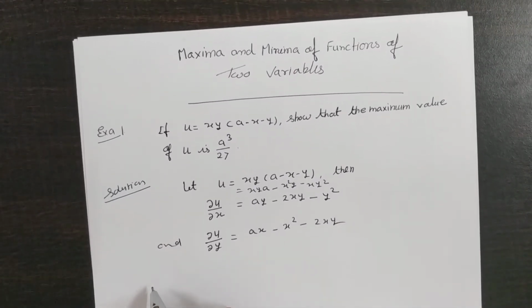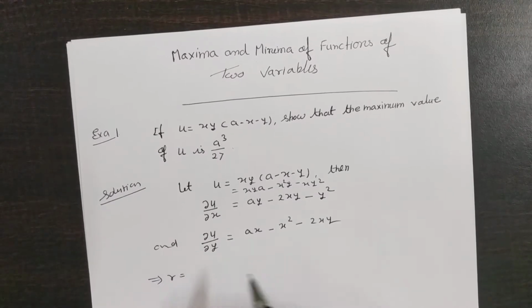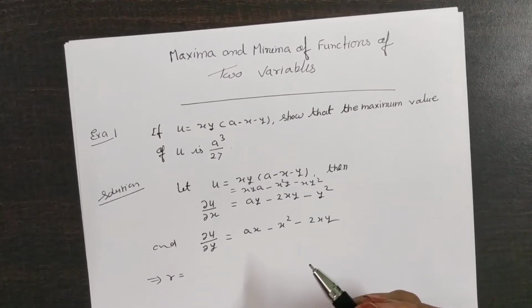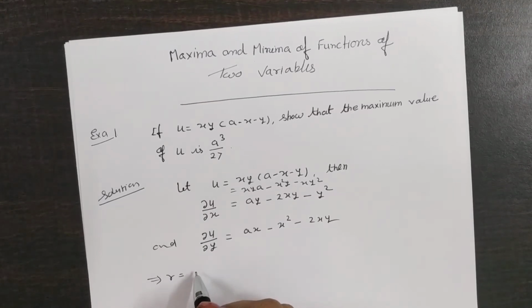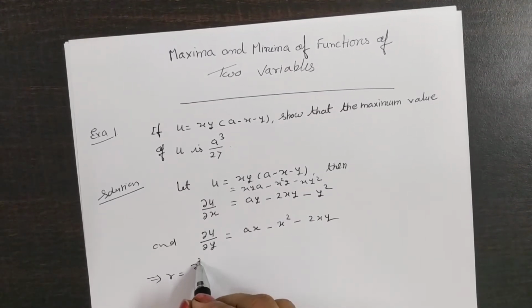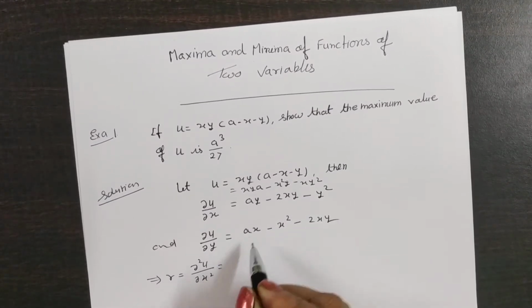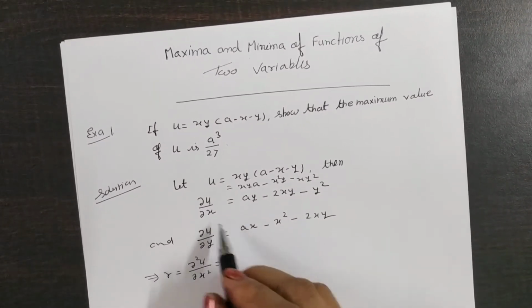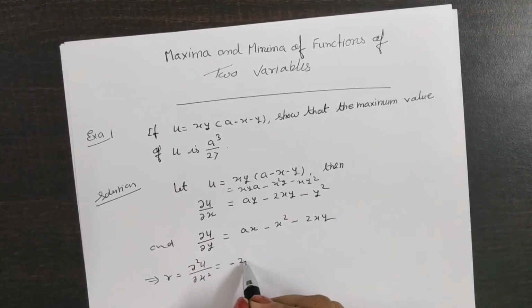Now next we find r, which is del 2u by del x2, and s, and t. R is equal to del 2u by del x2, which on differentiating again with respect to x gives minus 2y.